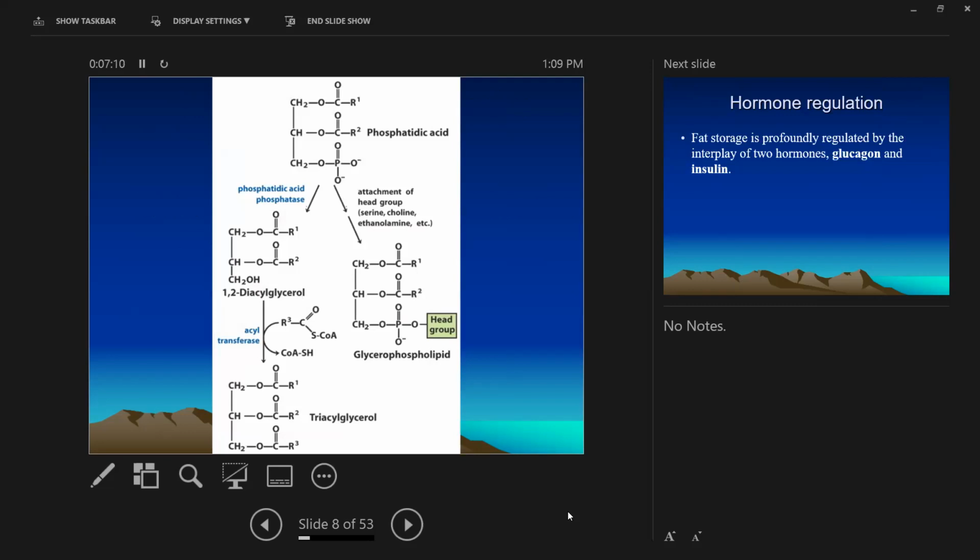Diacylglycerol is then a substrate for the third acyltransferase, and now you've made triacylglycerol. That's a storage compound, not a structural compound. So if you take off this phosphate, you're going to make that. If you leave the phosphate on and put on a head group, now you're going to make a phospholipid. That's the branch point.